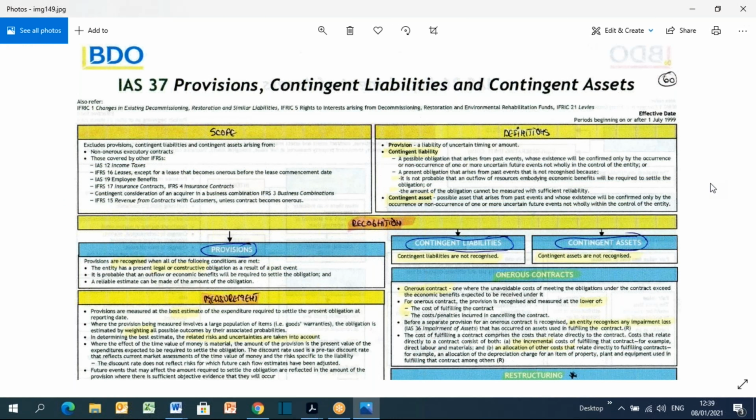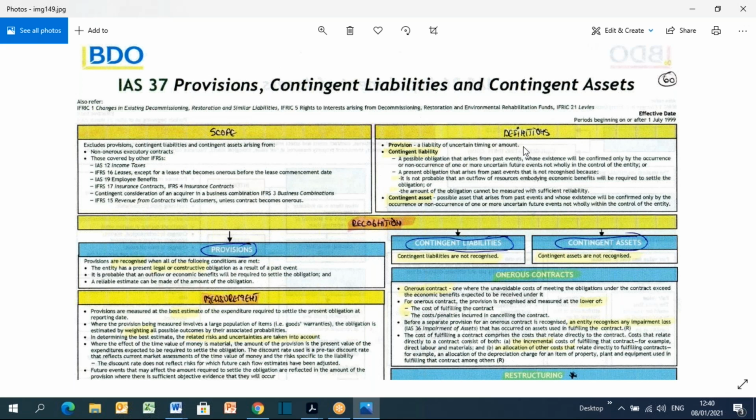If we move on to IAS 37 provisions, what you should retain is what a provision is: a liability of uncertain timing or amount.